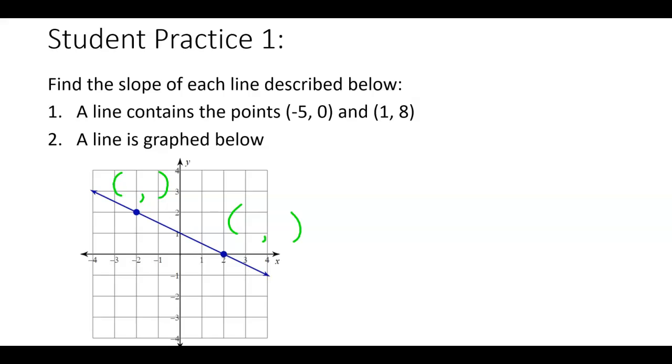So right now, you want to start by filling in your coordinates, labeling them. Well done. You're good. Finish your student practice.